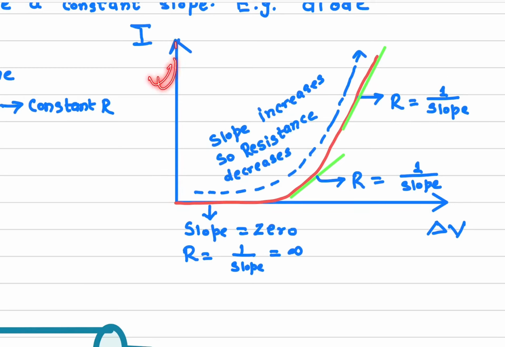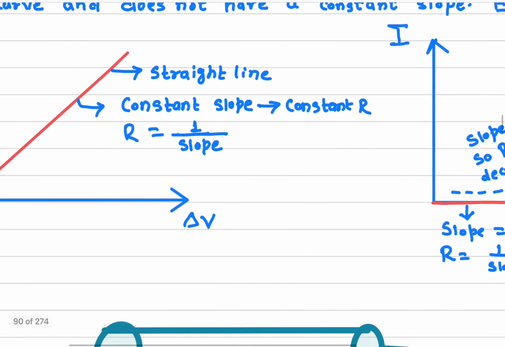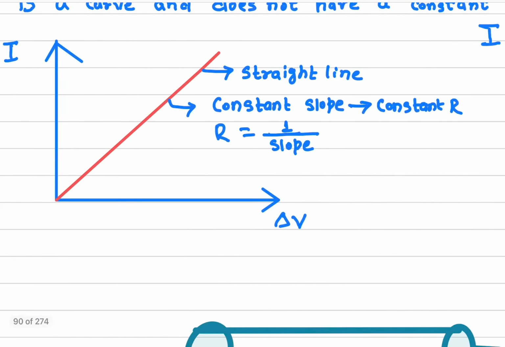And remember, the I is along the y-axis and the V, the potential difference, is along the x-axis. But for ohmic material, as it is a straight line, the slope at any point is constant. And that's why we call this an ohmic material. It follows a simple equation, V equals IR.